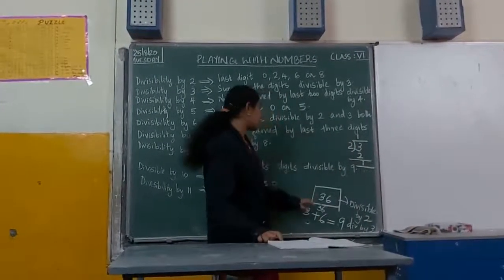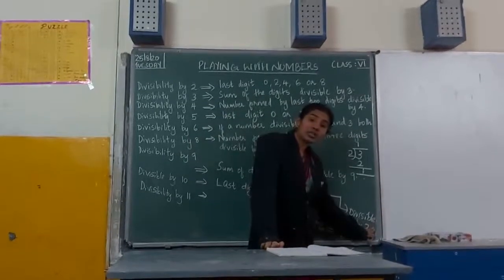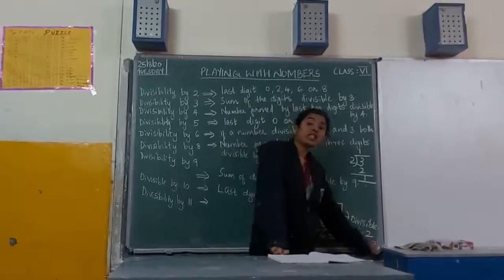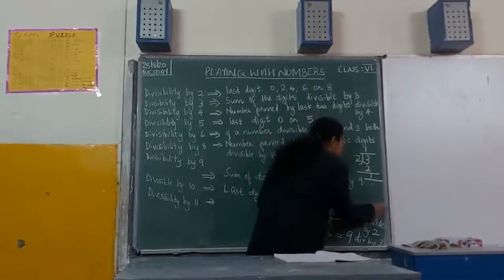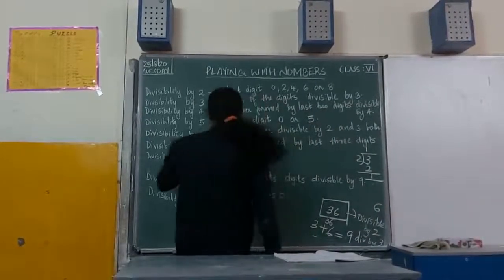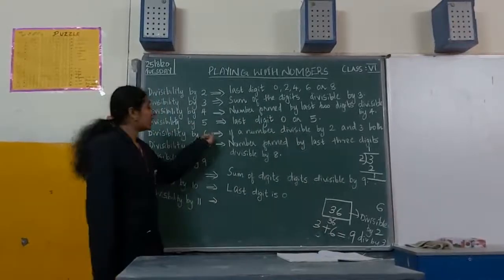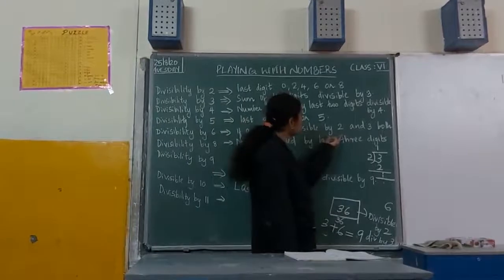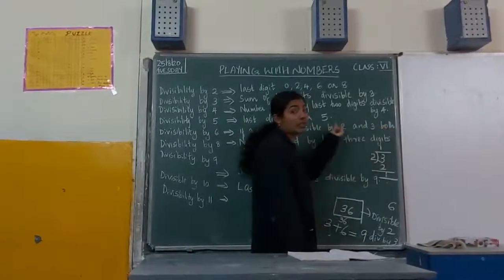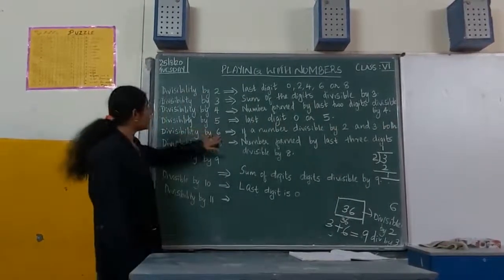So what are you getting? The given number is divisible by 2 and also divisible by 3. Then we can say the given number is divisible by 6. So how to check the divisibility by 6? See the number. You should check the divisibility by both 2 and 3. Then we can say the number is divisible by 6.